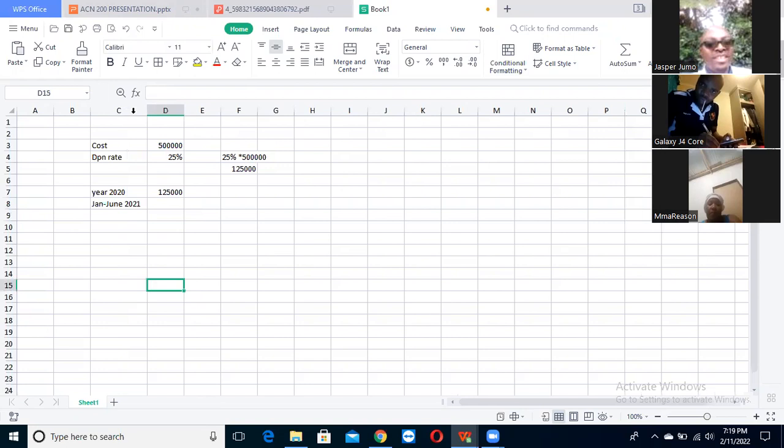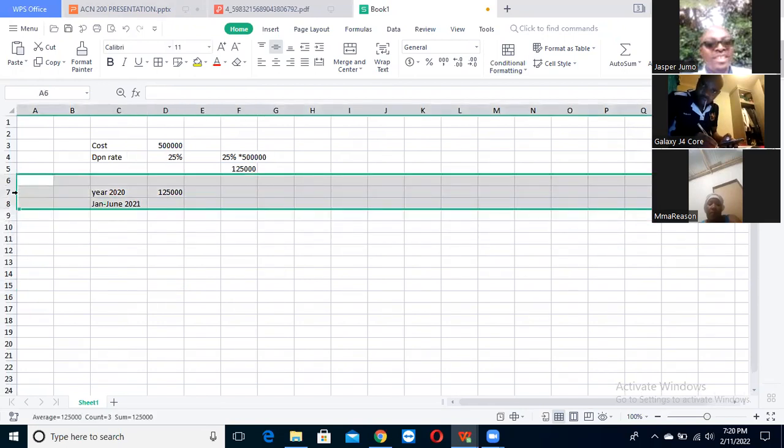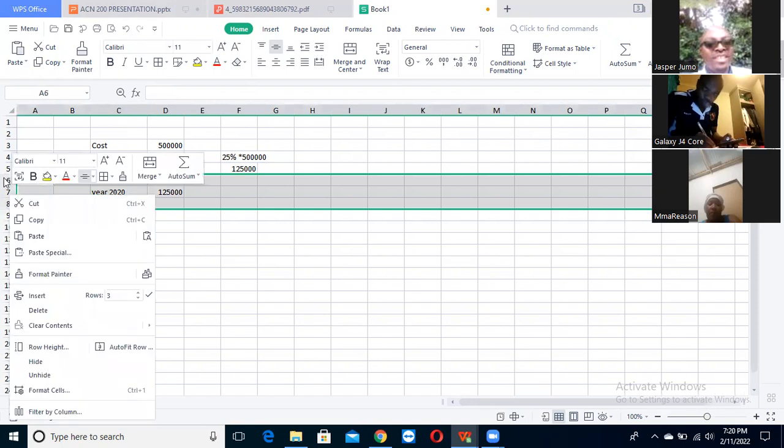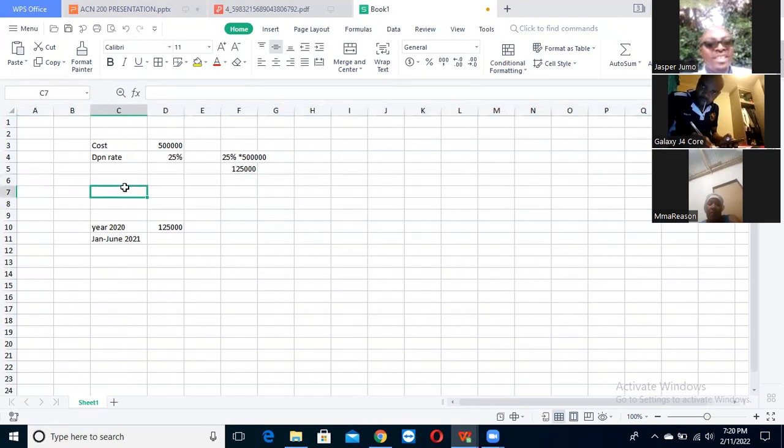We know that if we are calculating depreciation using the straight line method, the depreciation remains the same. But we must take note that in this particular instance, we are not calculating depreciation for a full year. We are only calculating depreciation for 6 months. So what do we say? We say 25%.